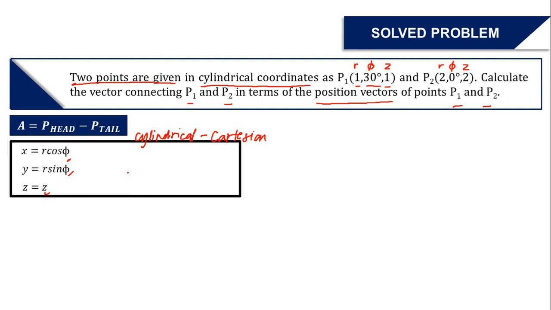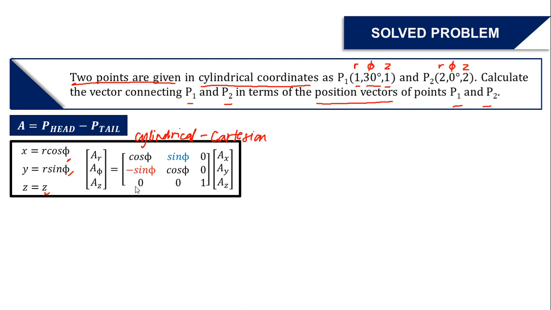And yung pag-transform from cylindrical to Cartesian is given by this function or equation. Okay? Matrix. So, gagamitin natin yan mamaya to transform yung ating magiging vector in Cartesian. Okay? So, how do we start?